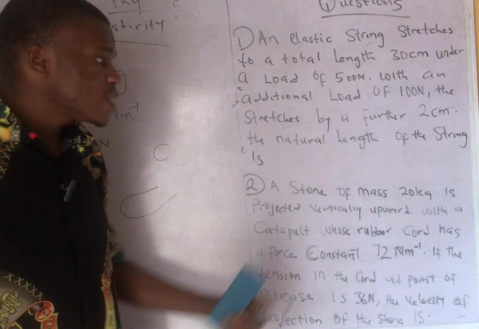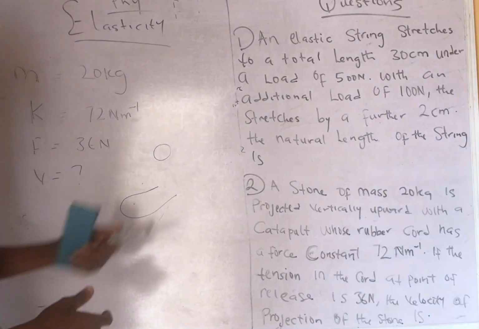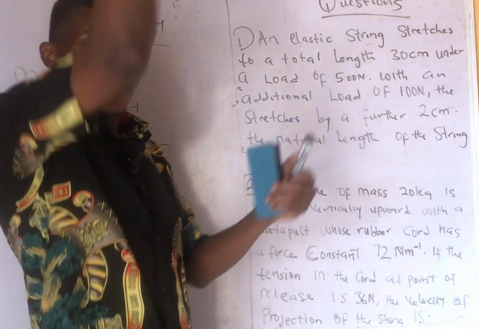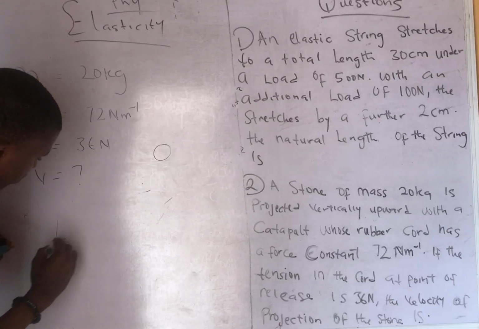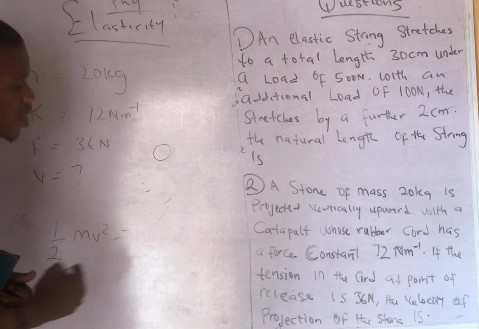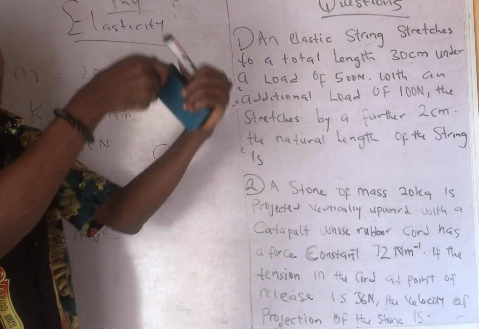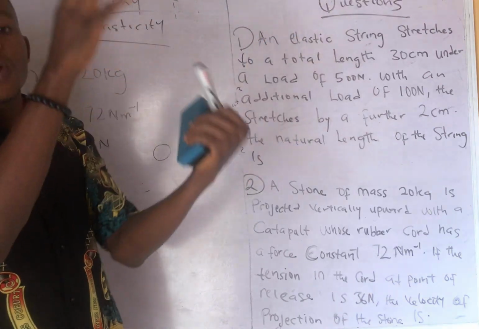So we can calculate, since there is a relation between the stone and the catapult. The stone has kinetic energy when it was projected vertically, which will be equal to the potential energy of the rubber cord. The kinetic energy of the stone is half mv squared, equal to the potential energy of the rubber cord, because the rubber cord wasn't moving, it is on a position.